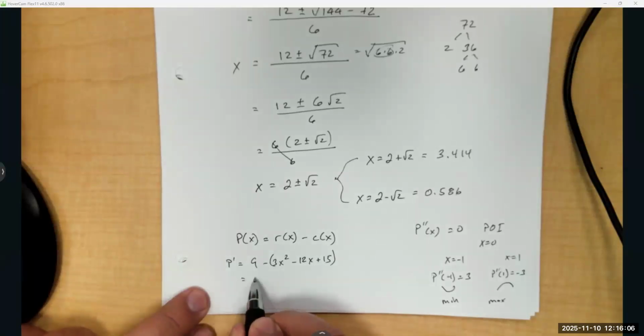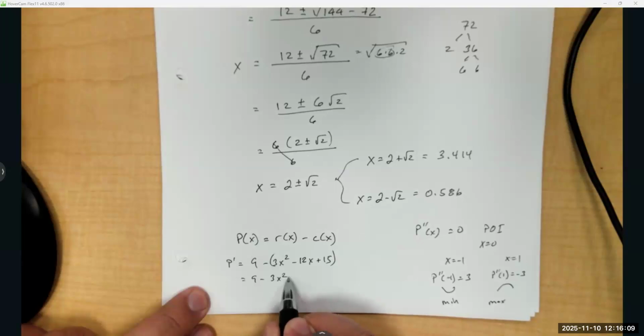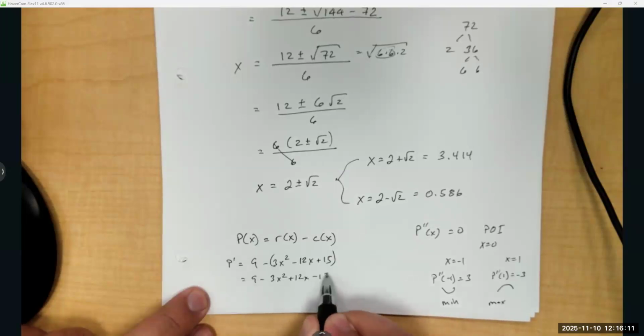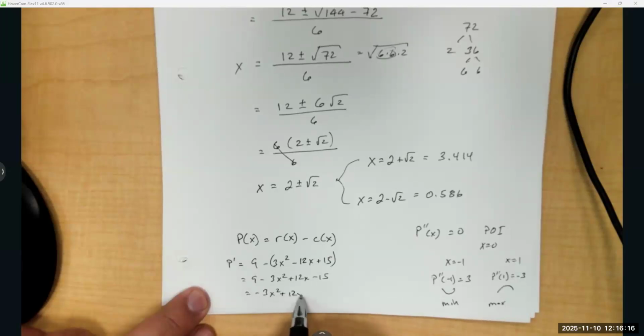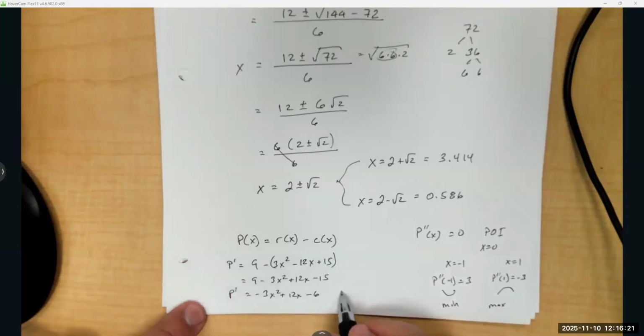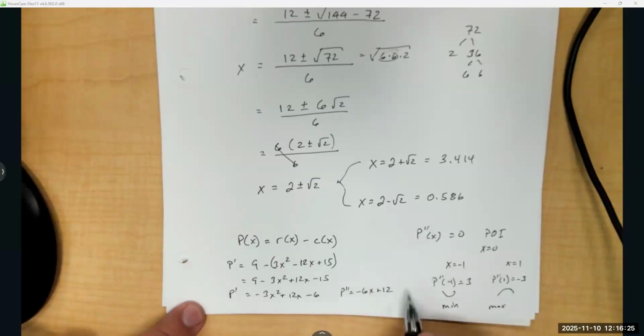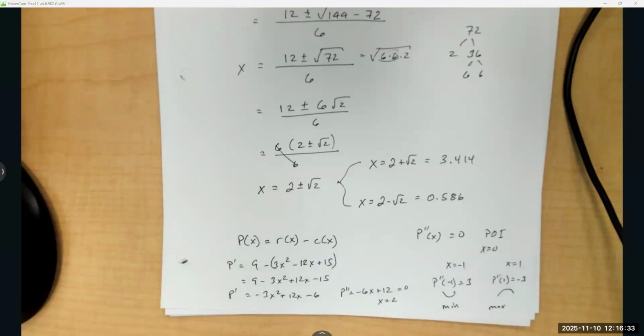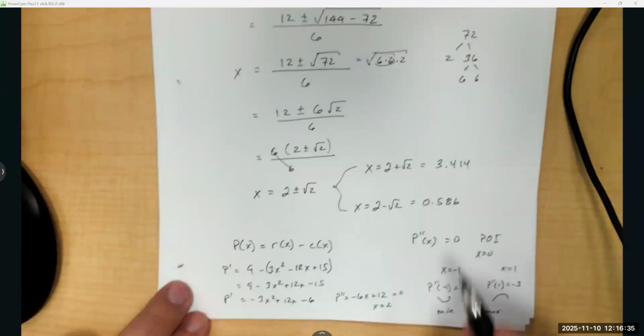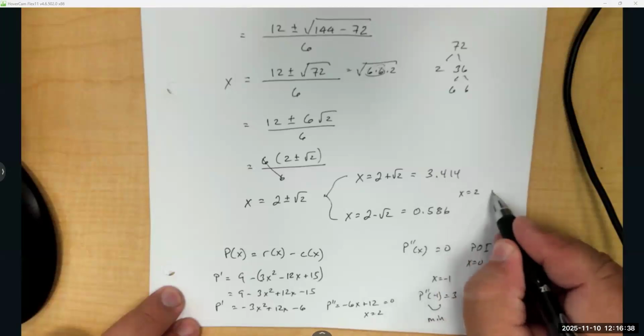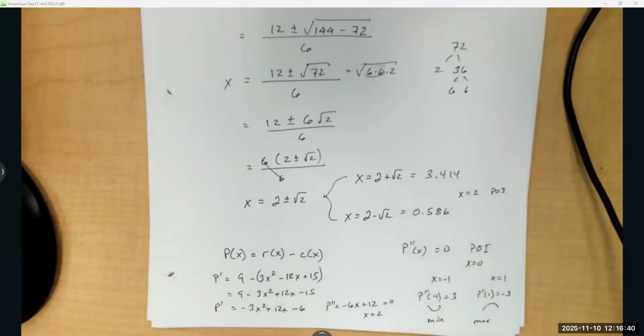So that gives us 9 minus 3x squared plus 12x minus 15, which is negative 3x squared plus 12x minus 6. Take the second derivative, we get negative 6x plus 12, set it equal to 0, x equals 2. So fortunately, if x equals 2, this is our point of inflection.